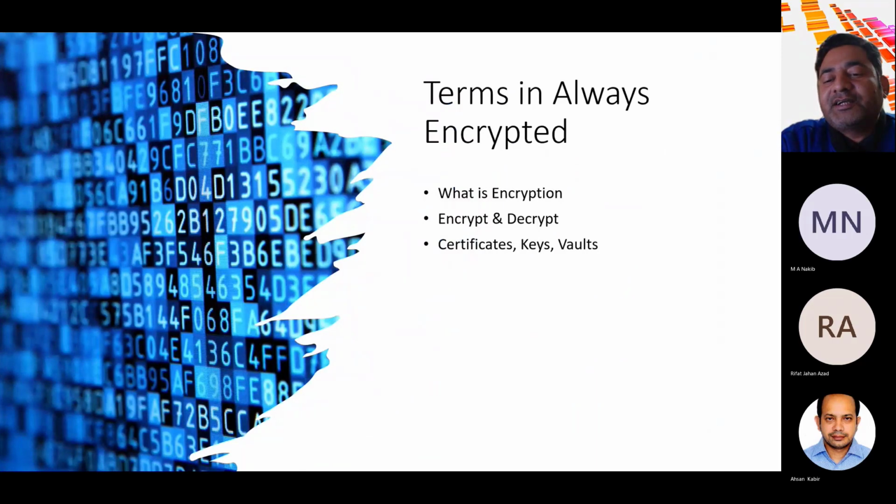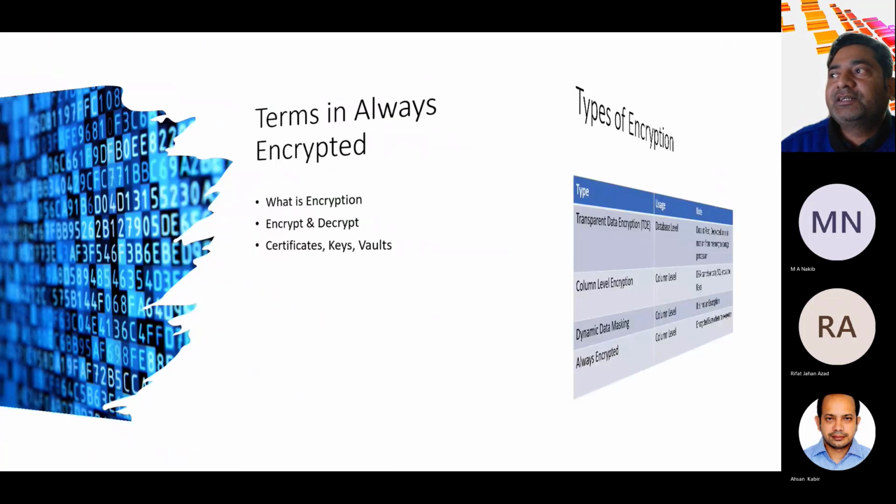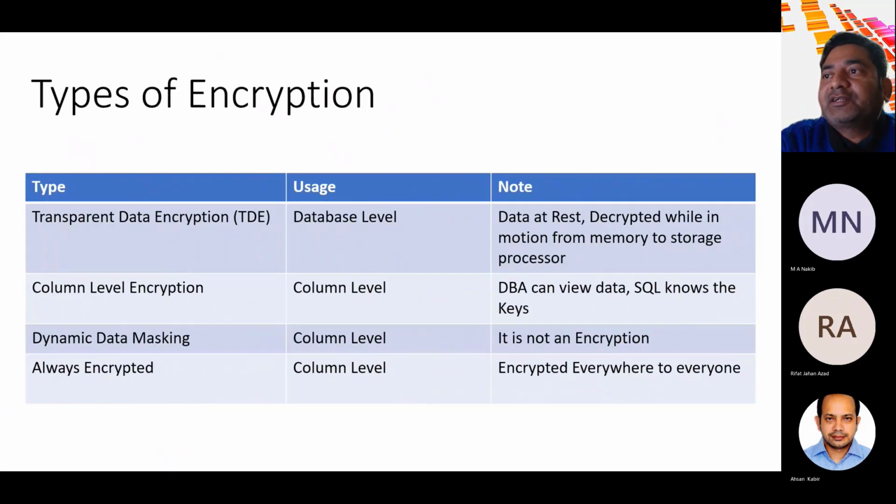We are talking about Always Encrypted for SQL Server columns. This is not the time to define what encryption is, but how encryption works inside SQL Server. We have different kinds of encryption supported in SQL Server. The first one is transparent data encryption, at the database level, and this one will encrypt the data at rest only.